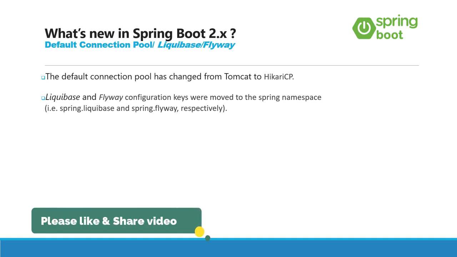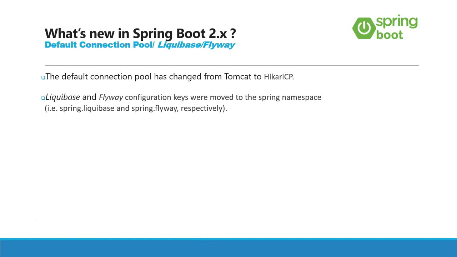But the scenario was different in Spring Boot 1. If you were using Spring Boot 1 and added a Spring Data JPA or Spring Data JDBC dependency in your class path, Spring Boot 1 would choose Tomcat as the default database connection pool. This has been changed in Spring Boot 2, and you have to keep this in mind. So from Spring Boot 2 onwards, the default connection pool is the Hikari connection pool instead of the Tomcat connection pool.